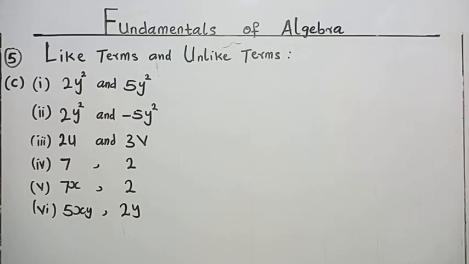Therefore, 2y to the power 2 and 5y to the power 2 are like terms. I hope that is clear. Next, 2y to the power 2 and minus 5y to the power 2. If you watch the first and second, you discover that there is just one small difference.